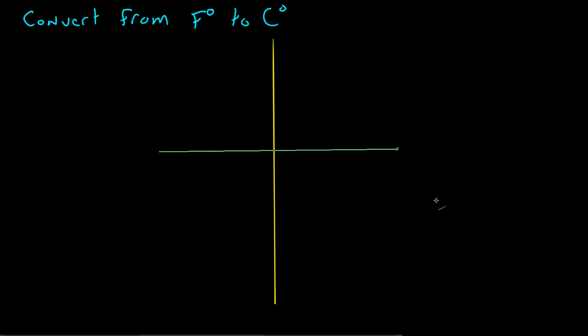We're going to set a set of axes out. But now this is going to be my Fahrenheit values, and this is going to be my Celsius values. Which means my points I now list as Fahrenheit, comma Celsius.